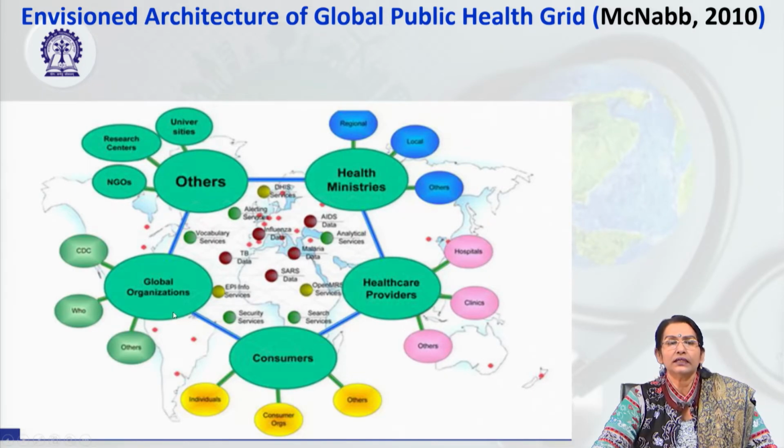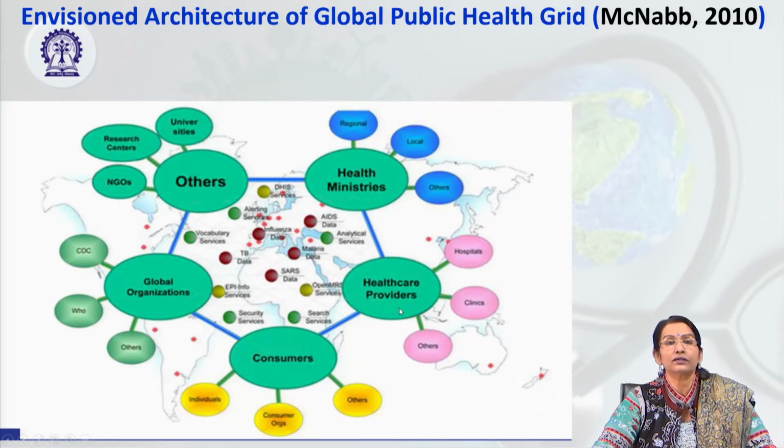Here we can see the network between global organizations already working on health, that is WHO, UNESCO and others, then other agencies like universities, resource organizations and NGOs. Then the health ministries of the countries, at the central, regional and local levels.